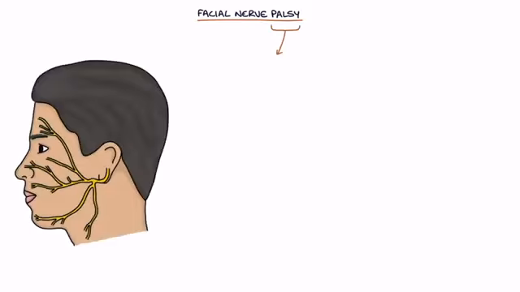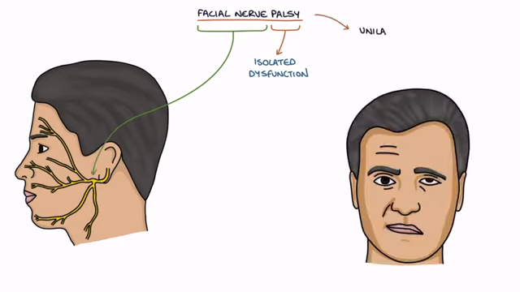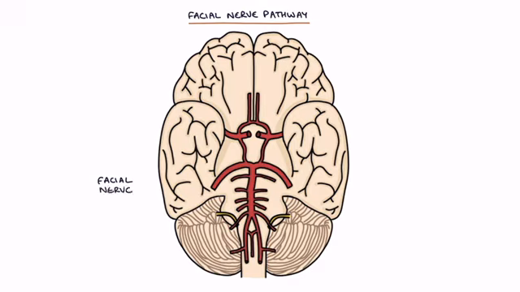Facial nerve palsy refers to isolated dysfunction in the facial nerve, and it presents with unilateral facial weakness, with weakness of the facial muscles on one side. Let's talk about the facial nerve pathway. The facial nerve exits the brainstem at the cerebellopontine angle.